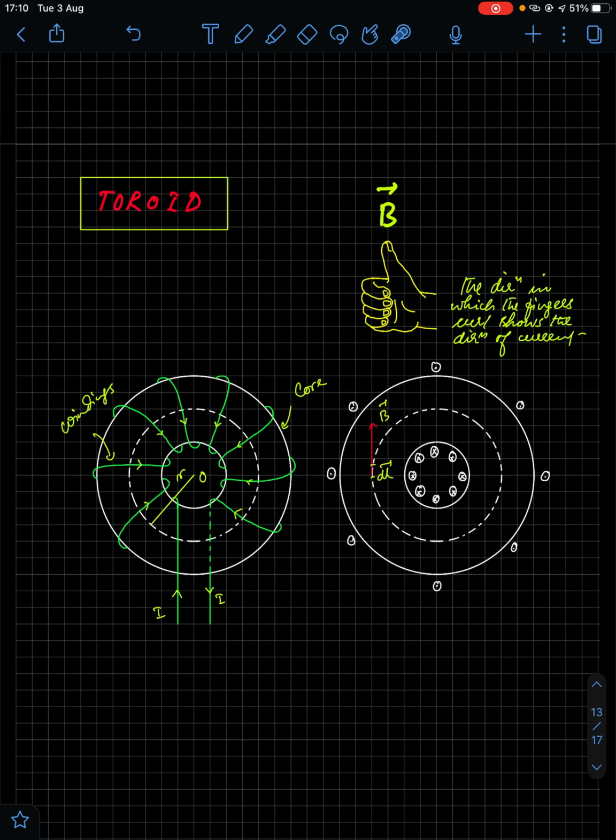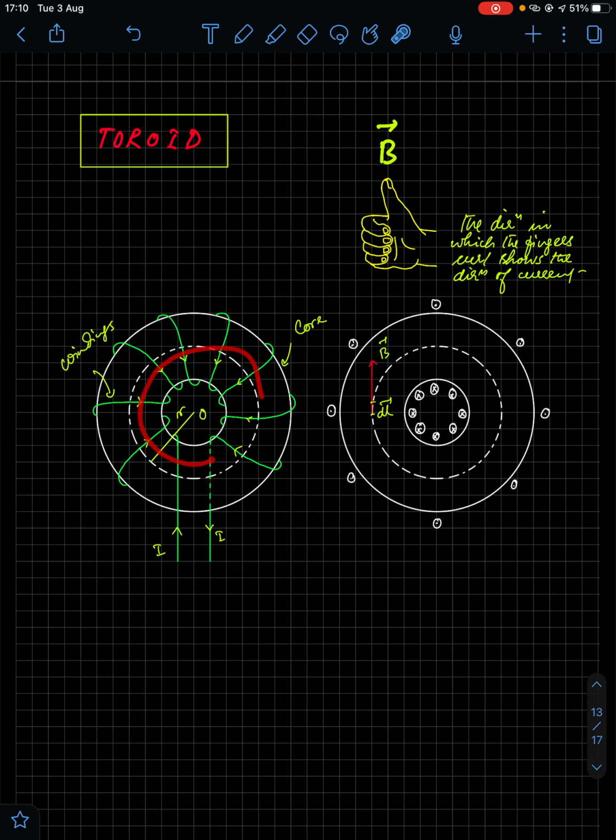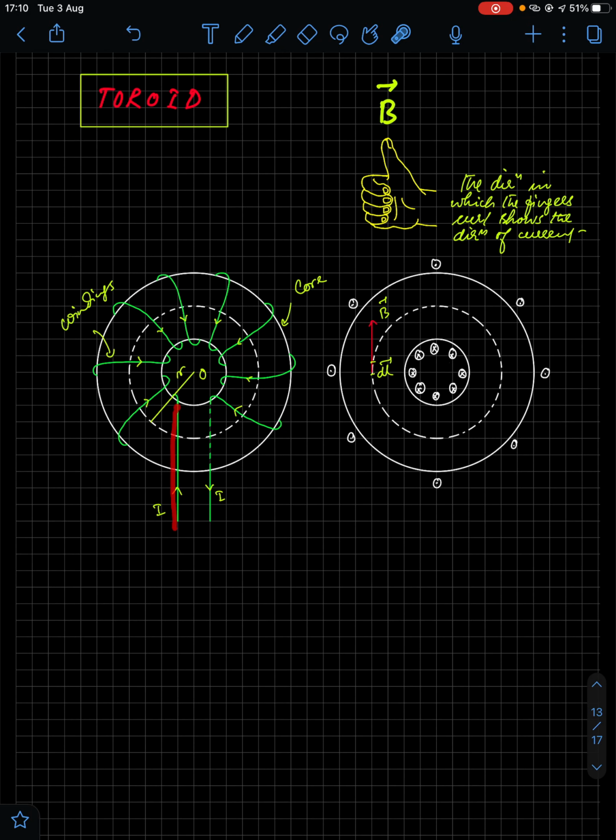Next we have the toroid. So a toroid is a closed solenoid, a solenoid with no ends. When you join the ends of the solenoid, it becomes a toroid. So here the current is entering through this, and it is moving along this direction.